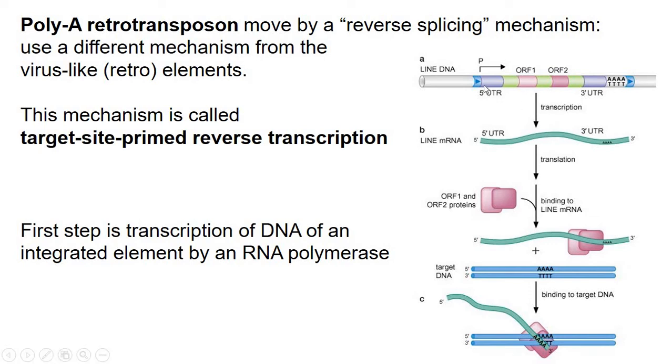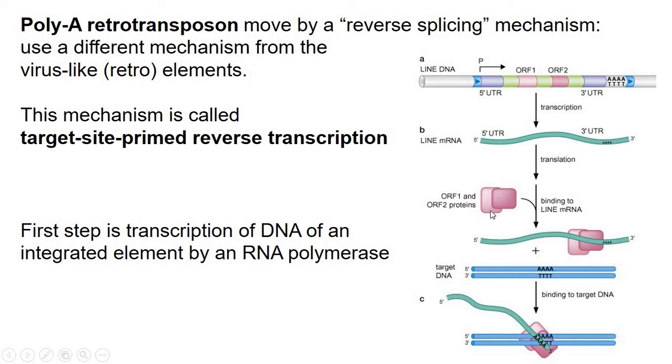So this RNA polymerase will start at the promoter sequence and will make this RNA molecule. So this is the LINE mRNA now that's transcribed from this DNA molecule. This is the 5' UTR, again the 3' UTR. This is the poly-A. This LINE mRNA will go out to the cytoplasm first and will be translated.